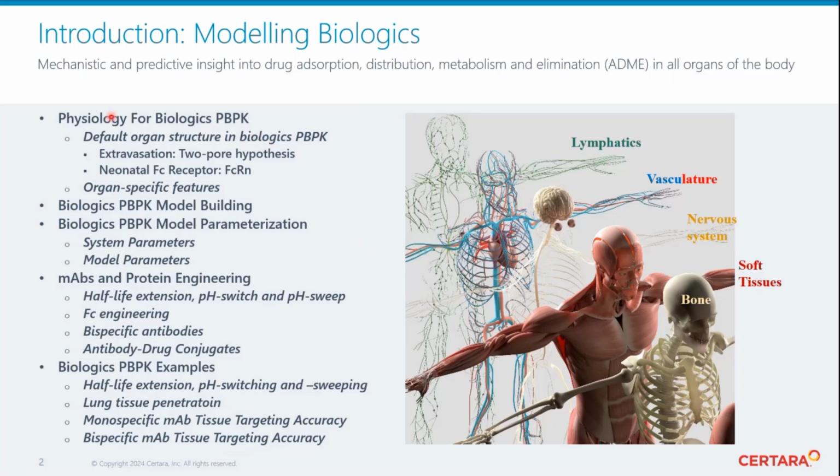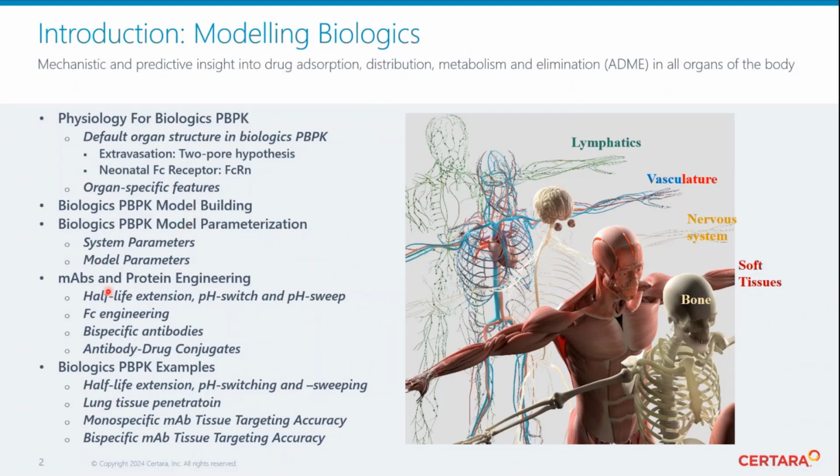So I'll just remind us briefly about physiology from the perspective of biologics PBPK: that's organ structure, biological processes that matter, organ-specific features, and then a word or two about how we build PBPK models for biologics and how we parameterize them.